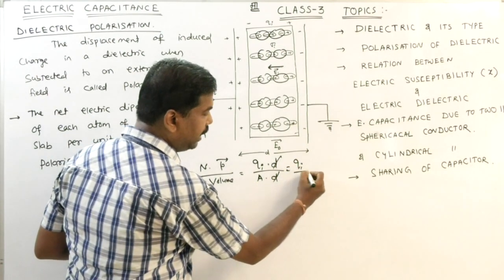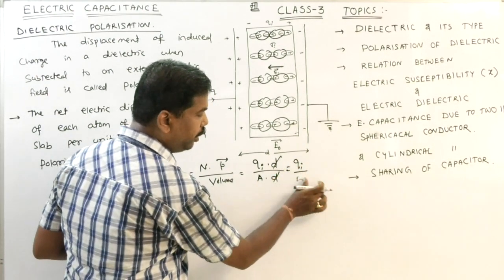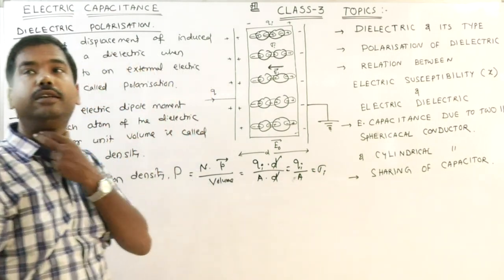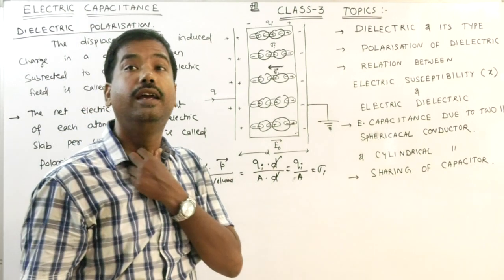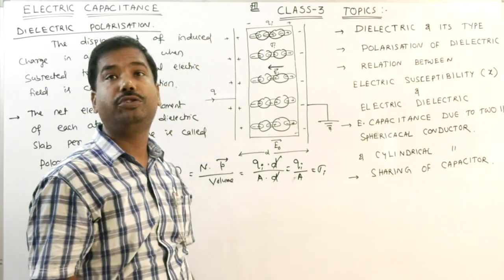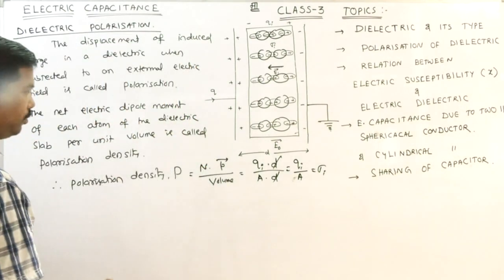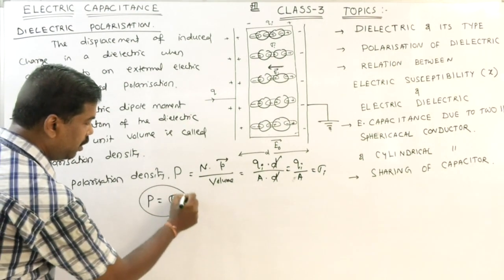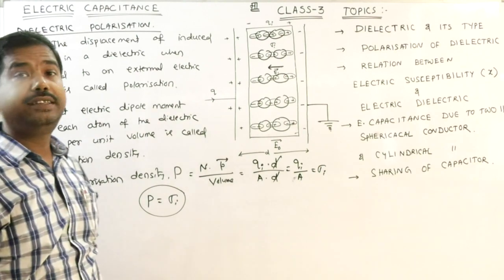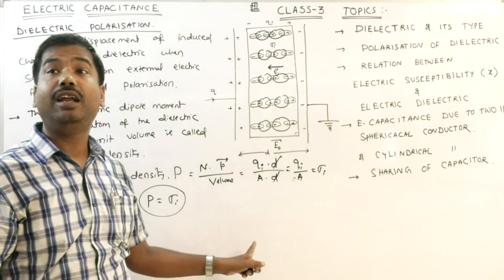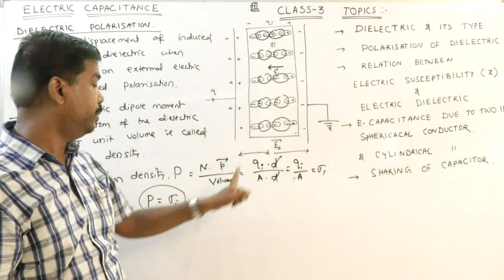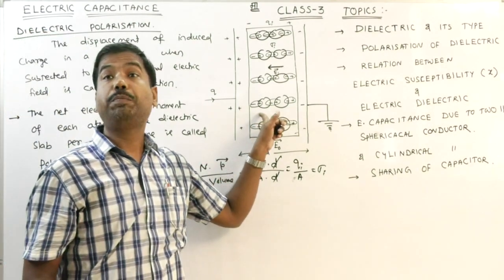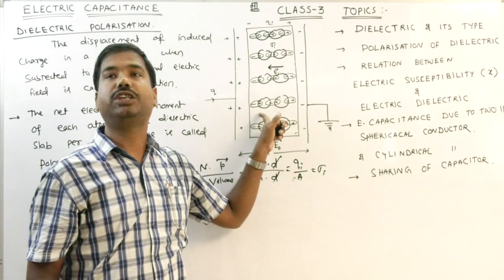That is Q_I per unit area, and it is nothing but the surface charge density of the induced charge. Clear? Therefore I can say the polarization density of a dielectric slab is numerically equal to the surface charge density of the induced charge. Clear?